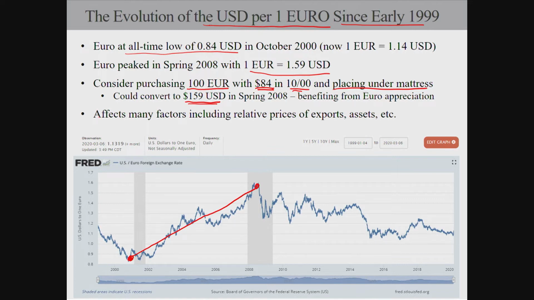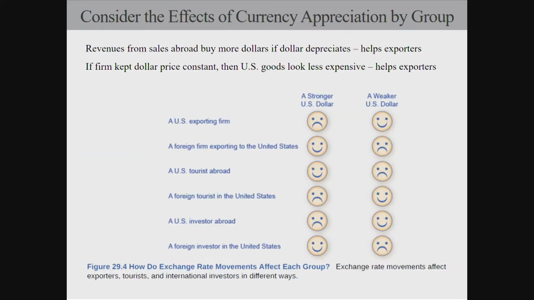And these exchange rates affect many factors, including the relative prices of exports, of assets, and so forth. You can pretty simply think of the effects of currency appreciation on different groups. If I'm a US exporter, I'm not thrilled if the dollar is getting stronger, because it requires, for example, more euros to buy a dollar.